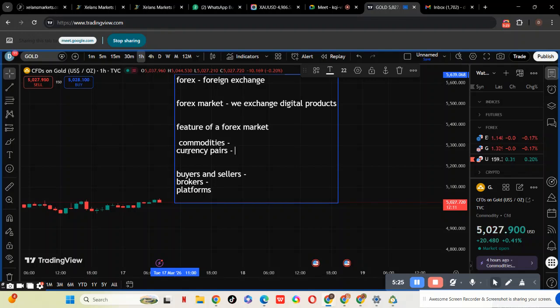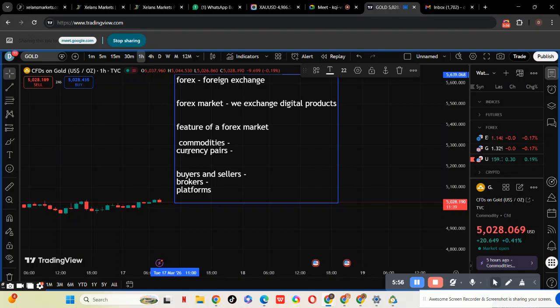For us to trade in this market, you trade one currency against another currency. That's why we call it a currency pair. You can say, I want to trade the euro against the US dollar. You can say you want to trade the pound against the US dollar.